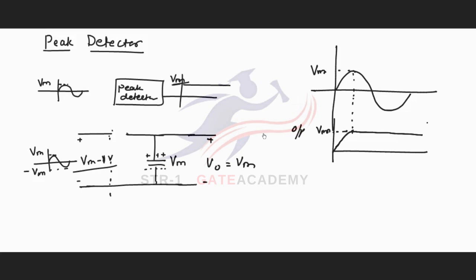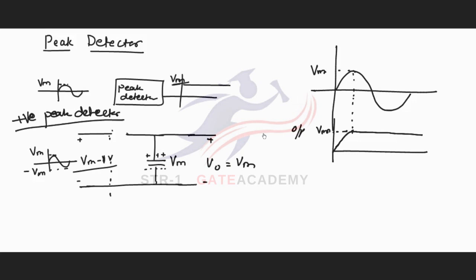So a capacitor is used to detect the peak of the input waveform so that the output will be a constant equal to the peak of the input waveform. So this is the basic circuit of a peak detector, and in this circuit we can see that the capacitor is holding the positive peak of the input. So it is a positive peak detector.